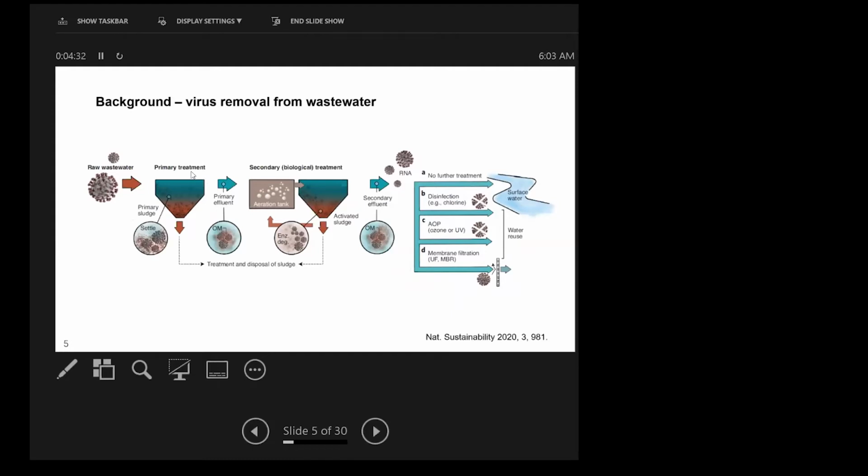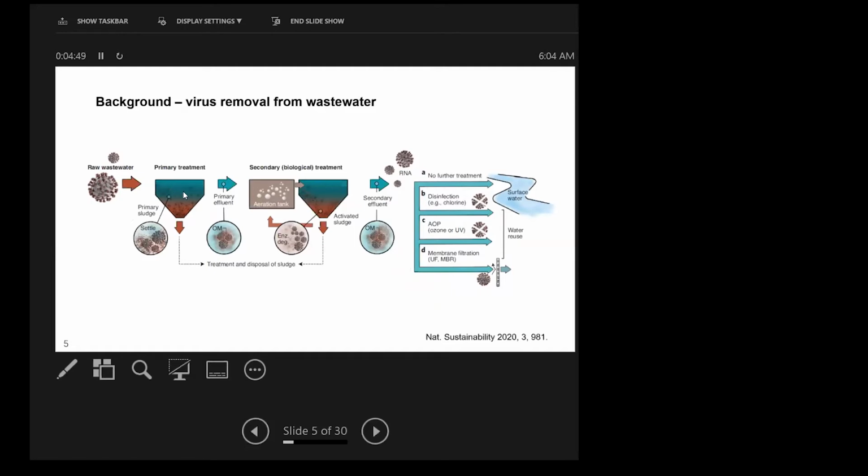Here shows the typical wastewater treatment strategies. The wastewater first undergoes the primary treatment, where the virus is removed by sedimentation, but this efficiency is very low.